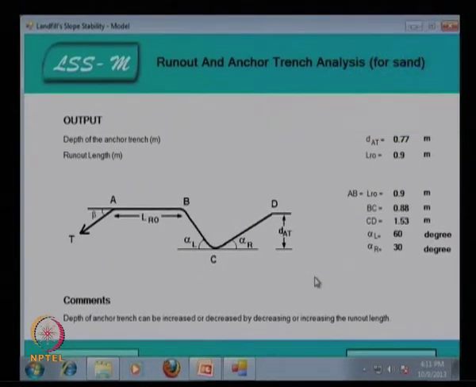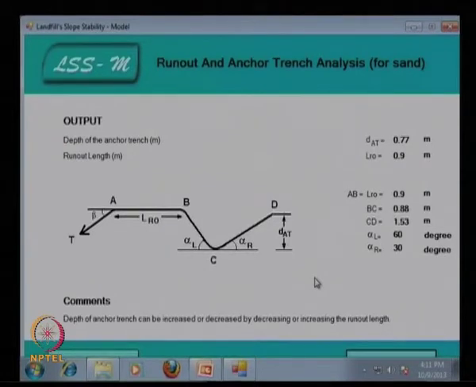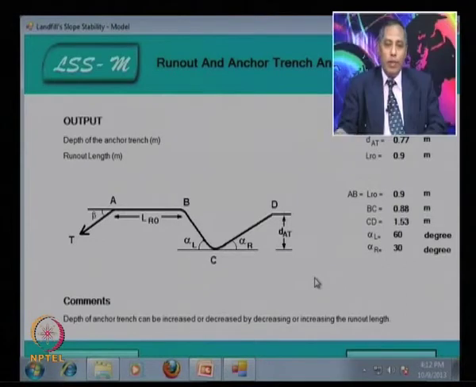Runout length and anchor trench analysis for sand. The output depth of the anchor trench, DAT, is equal to 0.77 meter, and runout length LR0 is equal to 0.9 meter.